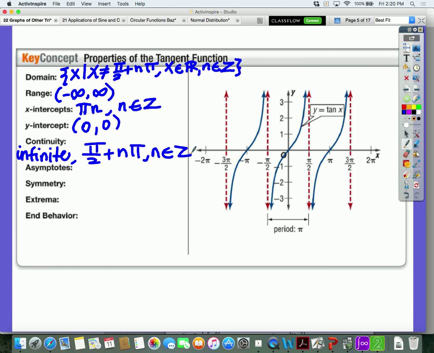I have asymptotes at the same places. What type of symmetry does tangent have? Very good. And if it's odd symmetry, that means it has origin symmetry.